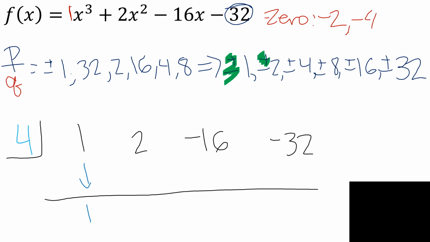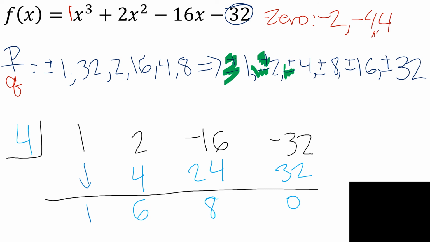And I'm just going to mark negative 4 off my list here. Already used him. Positive 4. 1 times 4 is 4. 4 and 2 makes 6. 6 times 4 is 24. 24 minus 16 is 8. 8 times 4 is positive 32, which is also 0. So both positive and negative 4 are zeros.